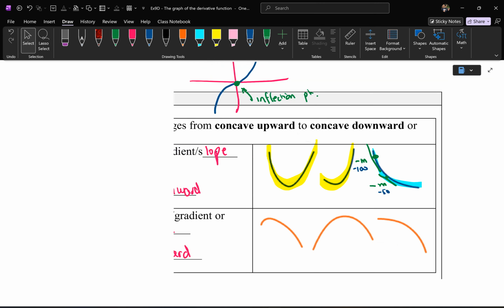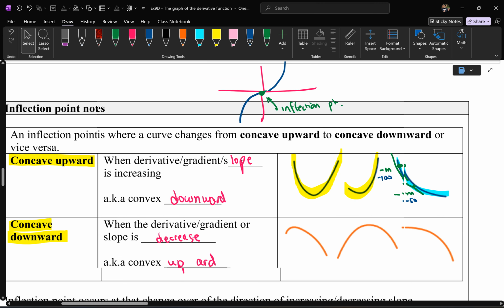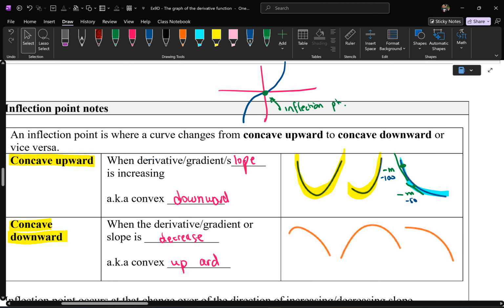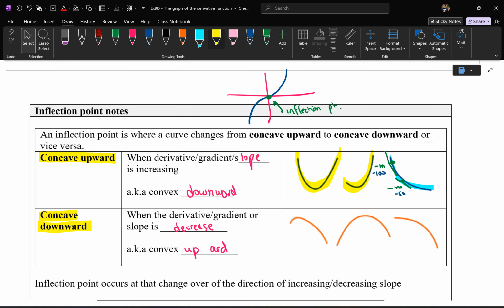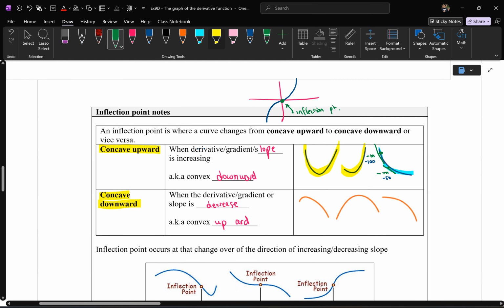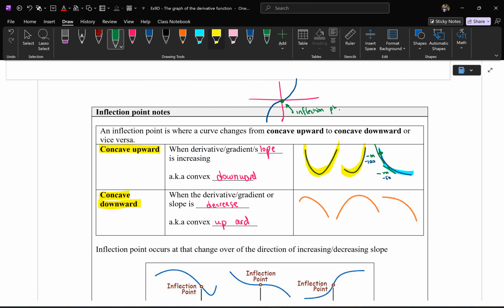Okay, so if you think in that sense, concave upwards means when the derivative or the gradient or the slope is increasing. Think about the value. So that's what concave upwards means. Concave downwards is talking about when the gradient decreases, going from positive to super negative.